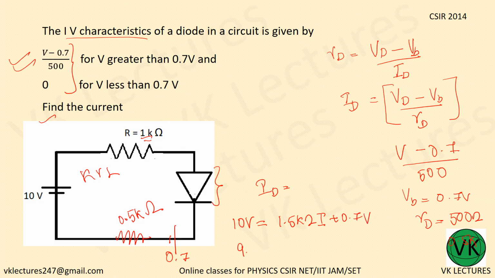So 9.3 volt is equal to 1.5k ohm into I, so I is equal to 9.3 divided by 1.5. Please find out the value. What is the value you are getting? 6.2, that is 6.2 milliampere.